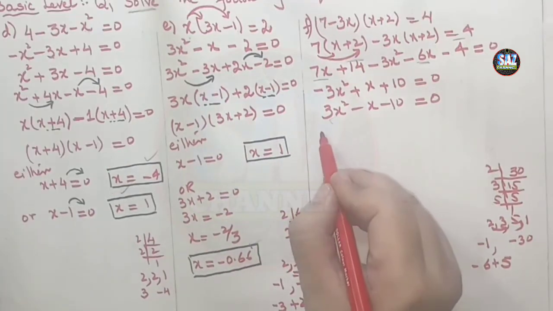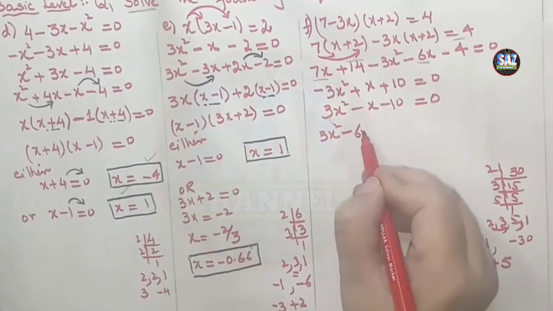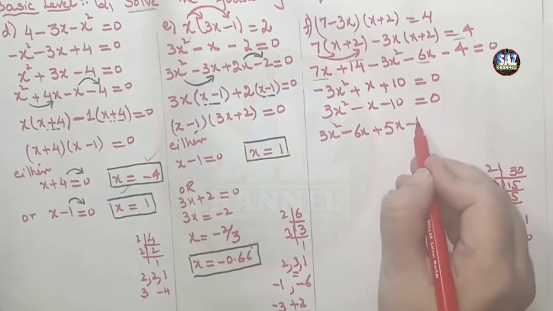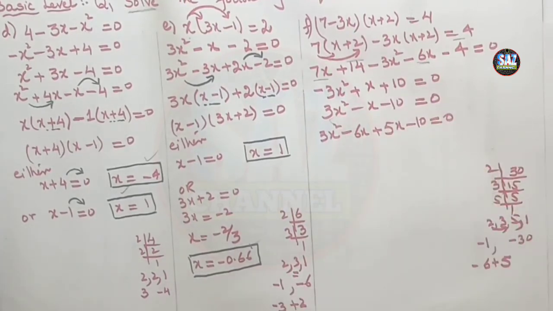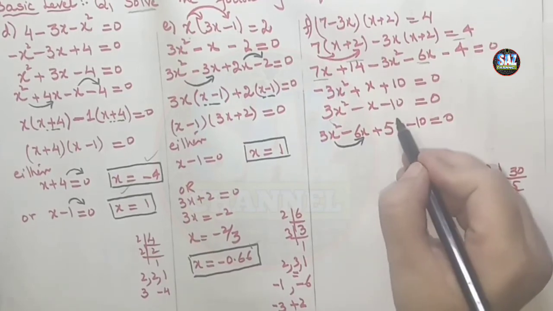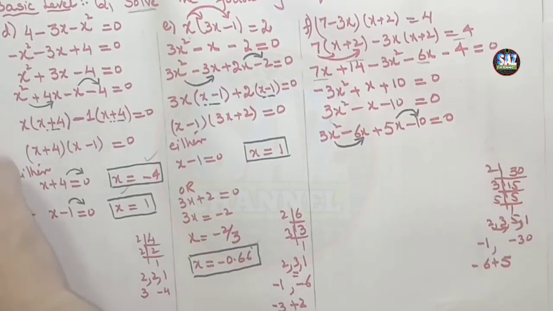Let's come back to the solution. 3x square minus 6x plus 5x minus 10 equals to 0. Make the groups of like terms and extract number or letter as a common factor.